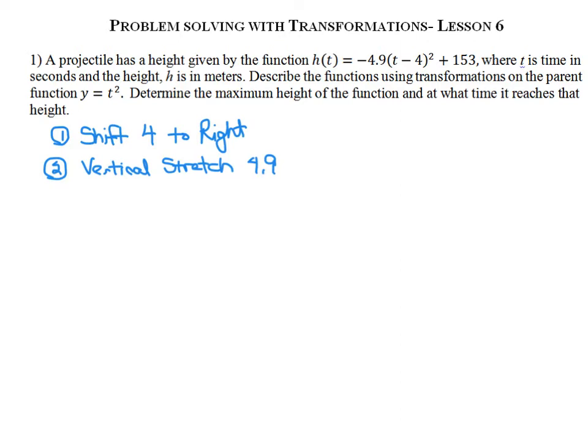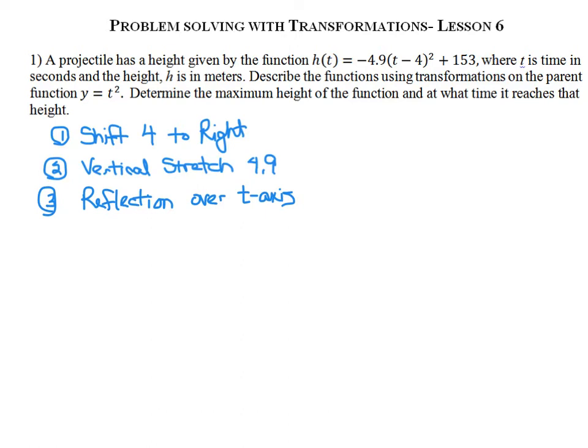The negative in front of the 4.9, when I'm negating the horizontal, that tells me that I'm actually going to do a reflection. Normally we would say a reflection over the x-axis, but remember that we've replaced x with t, so I'm going to say a reflection over the t-axis.